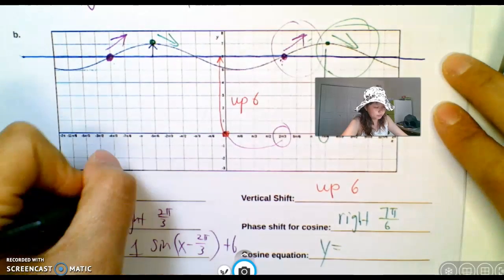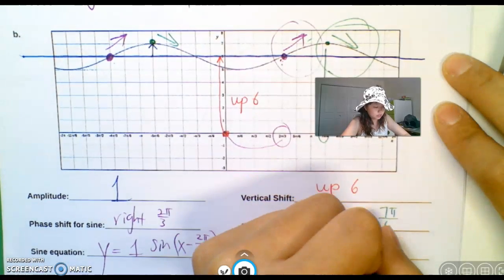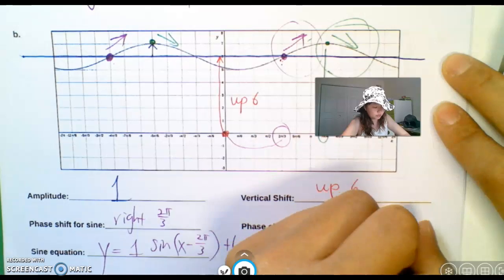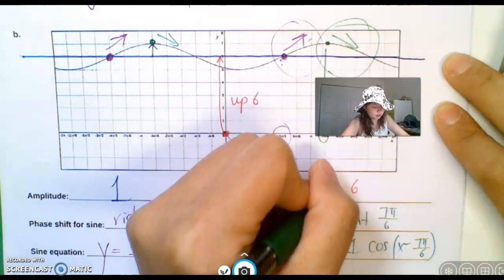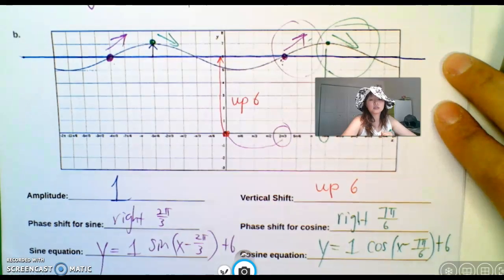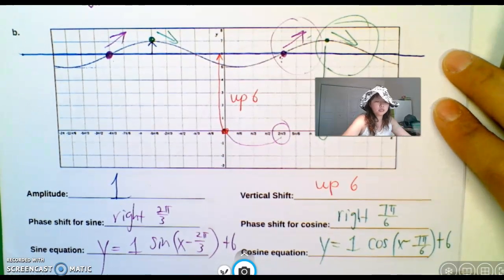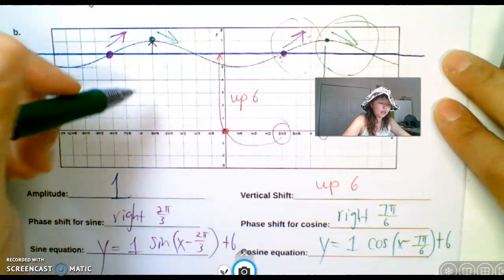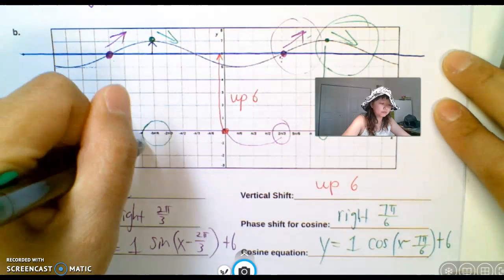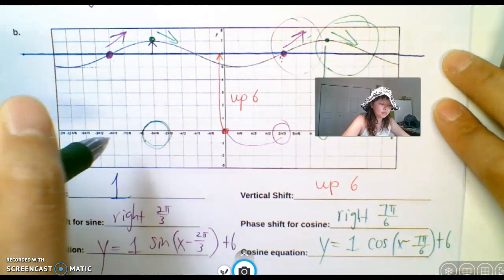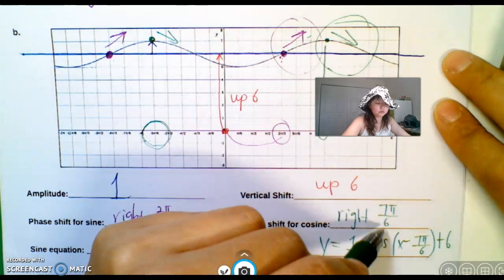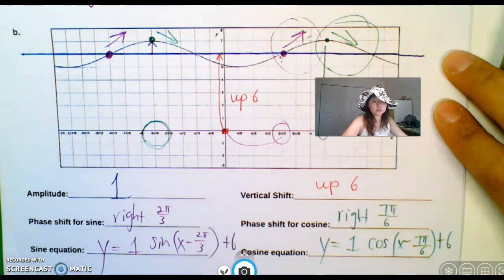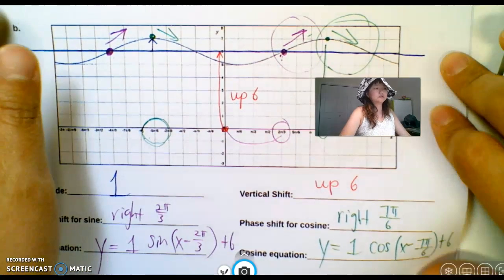So y equals amplitude 1 cosine of x, to the right means subtract 7 pi over 6, up 6 means plus 6. You don't have to give me the other one, but if you say my graph moved to the left 5 pi over 6, that's fine too. You can just do plus 5 pi over 6. I'm sorry, the letters are super tiny, hard to read.